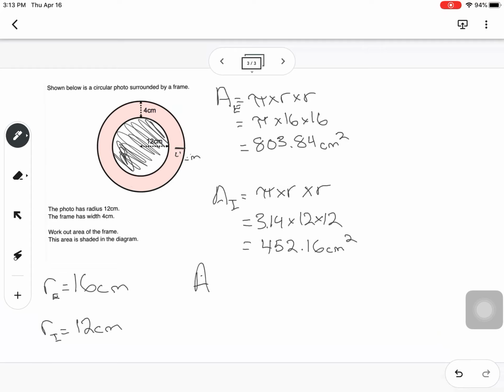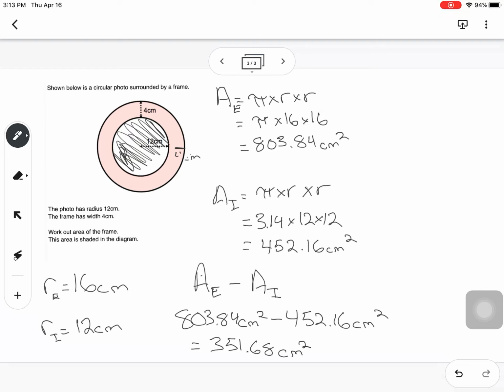So area of the entire circle minus area of inside circle is going to get us 803.84 centimeters squared minus 452.16 centimeters squared is going to equal 351.68 centimeters squared. And that's going to be the answer for just our picture frame.